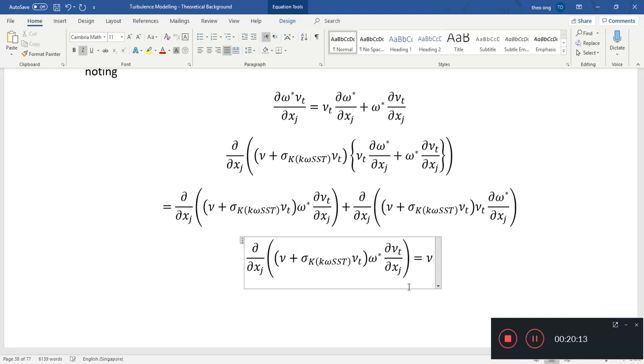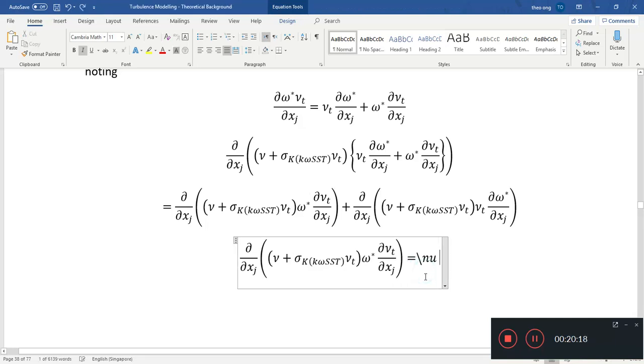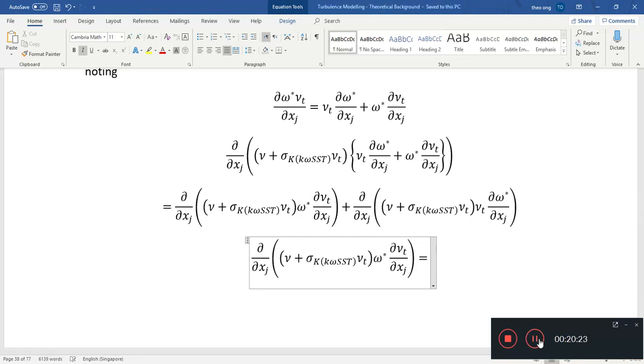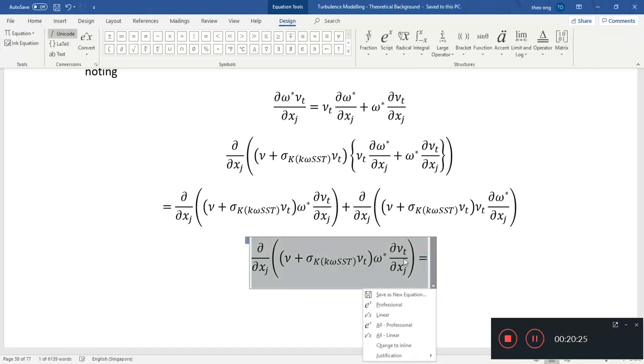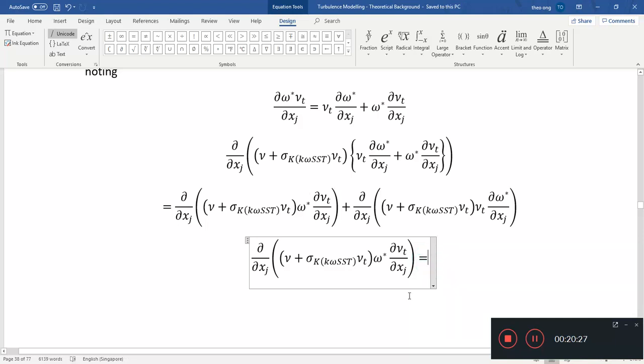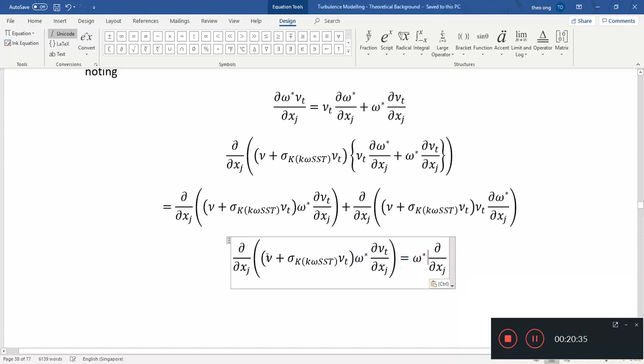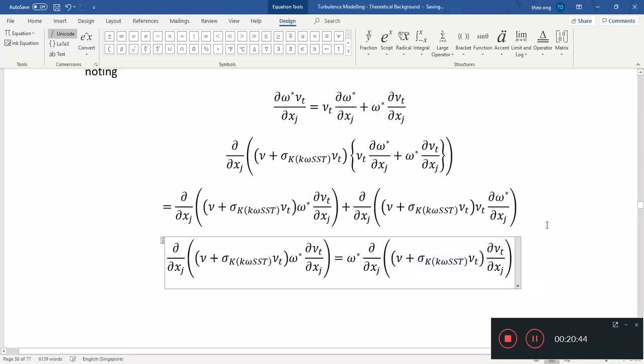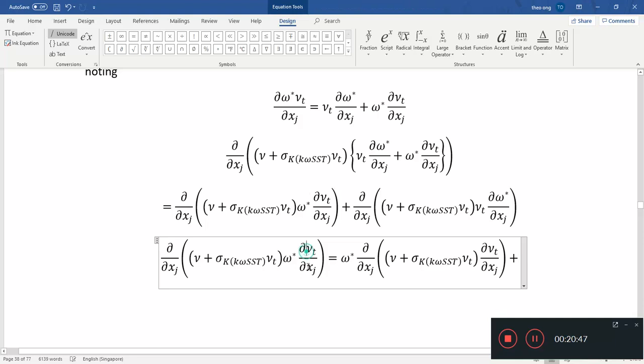Assuming this doesn't quite change, or maybe I'll just keep it in there because I don't want to touch it. I'll bring the omega out instead, so that's easier. So I'll have this inside. Just a simple product rule again, and you have a plus. I'll have this outside.